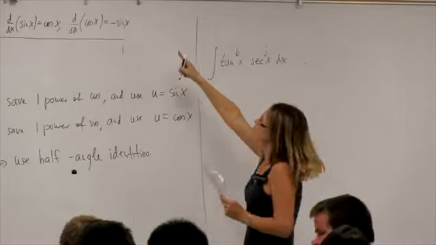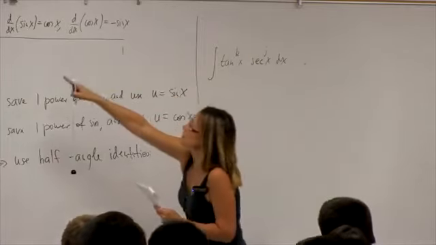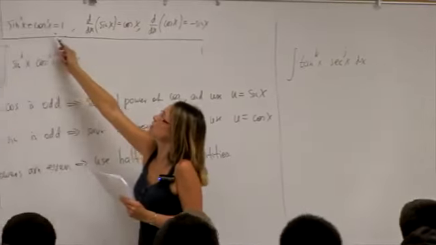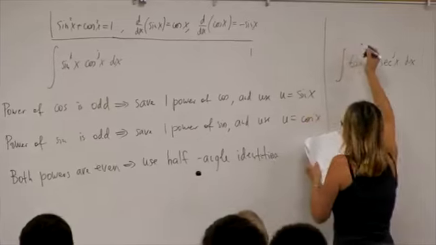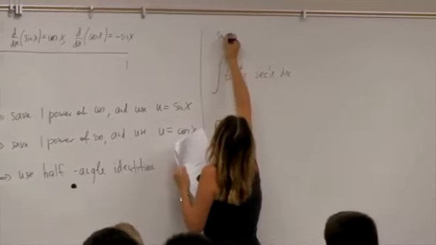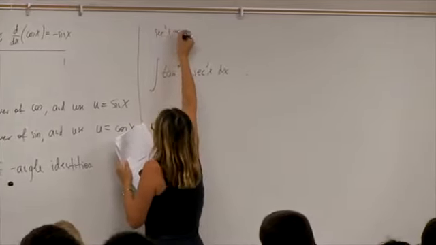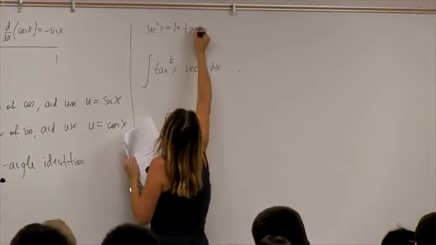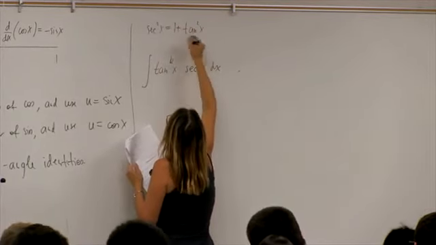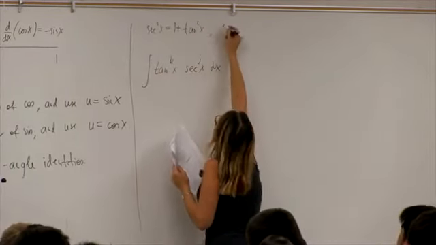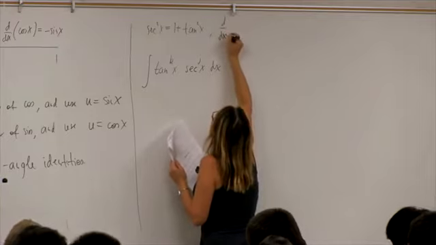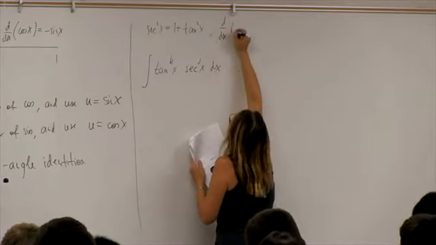And it's kind of analogous because we have an identity. So here we have sine squared x plus cos squared x. What's the analogy here? We have secant squared x equals 1 plus tangent squared x. So it's very similar.